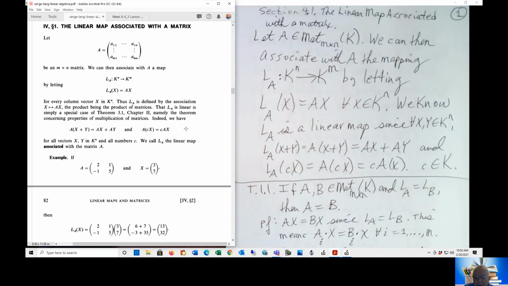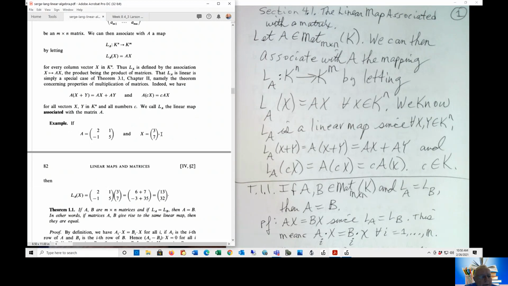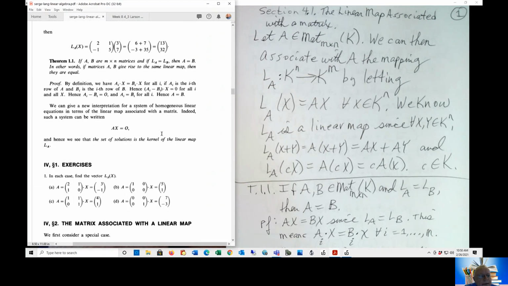All right, so next we have theorem 1.1, which says the following. If A and B are m by n matrices, and if L sub A is equal to L sub B, then it must be the case that A equals B. And so this is a uniqueness theorem.